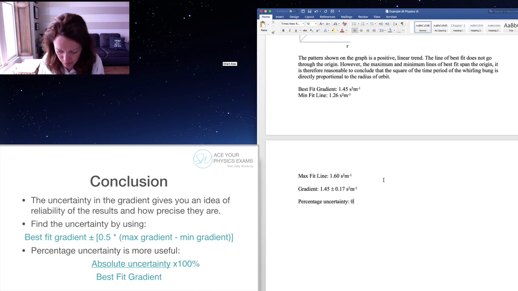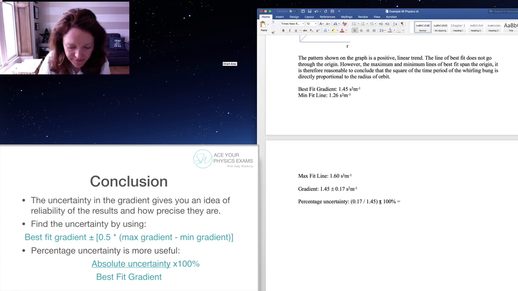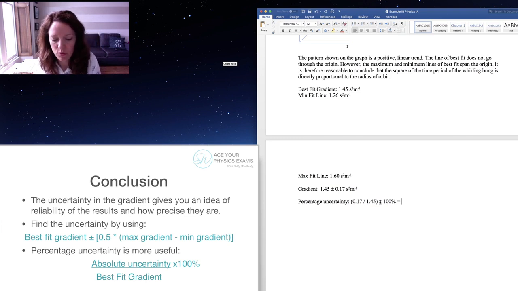So that's going to be 0.17 divided by 1.45, and then multiply the whole thing by 100%. Will give us 12%.